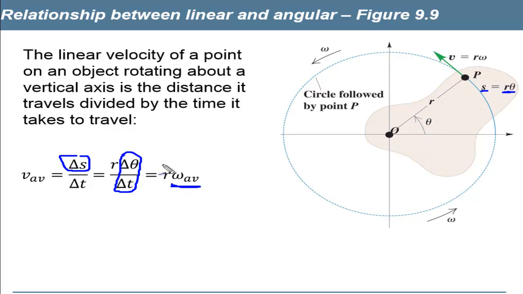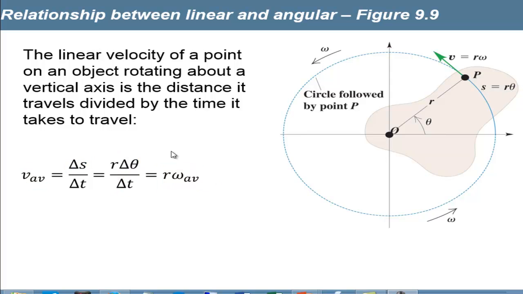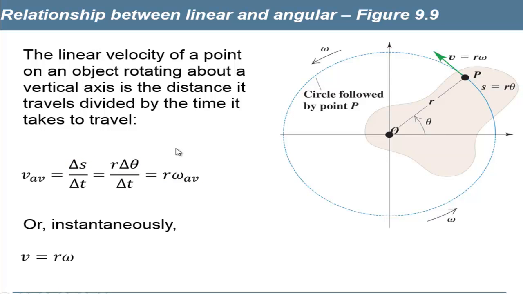So we have our linear velocity equal to the radius times the angular velocity. If we talk about the instantaneous linear speed, then v is equal to simply r omega. We don't really need the average anymore. Instantaneously, the linear velocity is equal to the radius times the angular velocity.